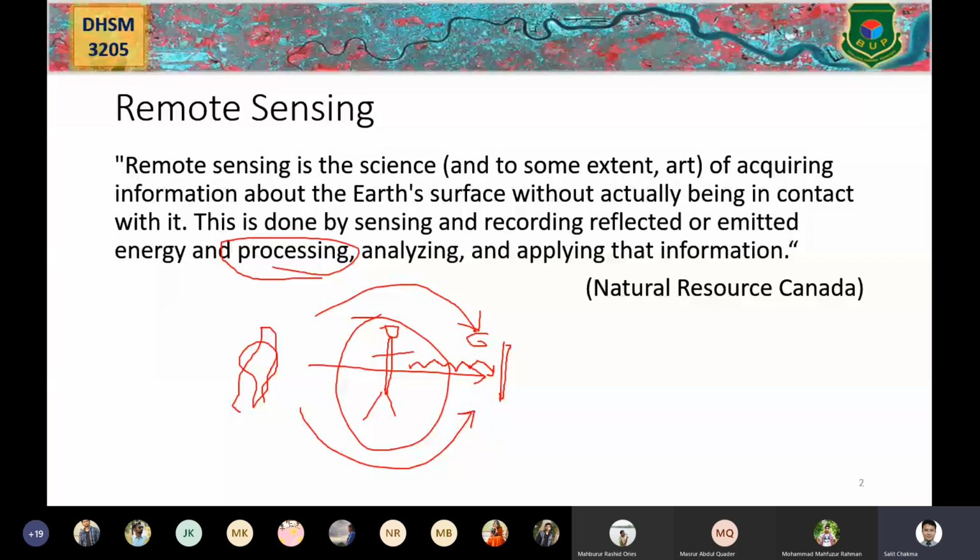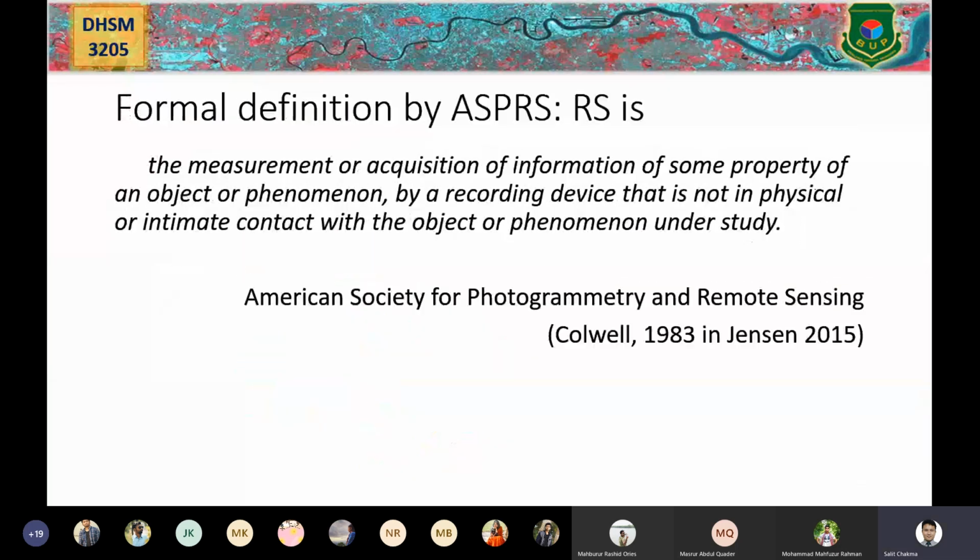Is there any anomaly going on, etc. So this definition is more formal because it doesn't limit you to the Earth's surface. Rather, it talks about the property, and sometimes it could be more than a property. That means it could be a phenomenon.